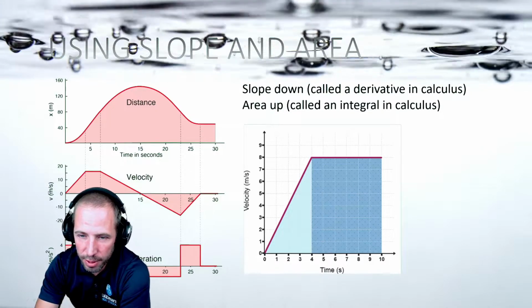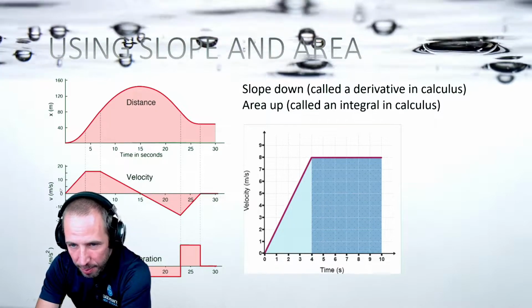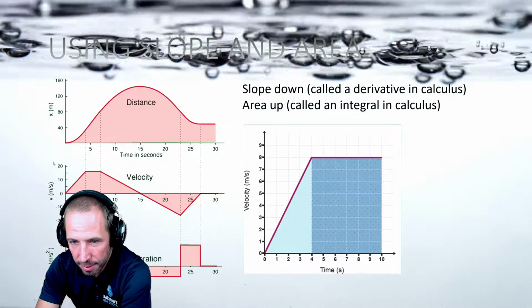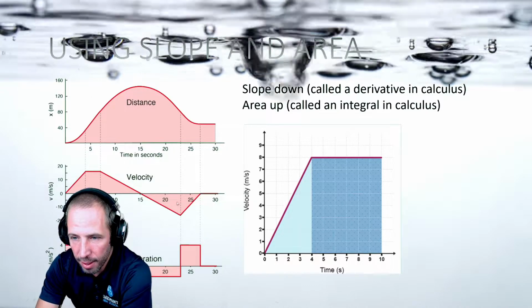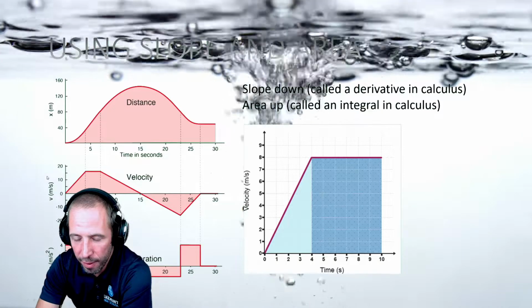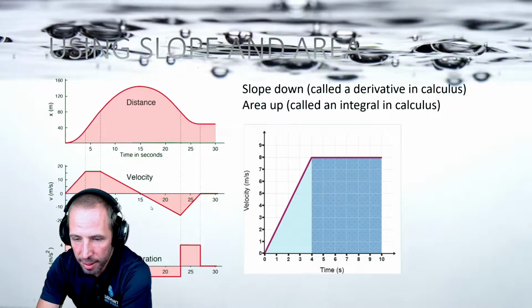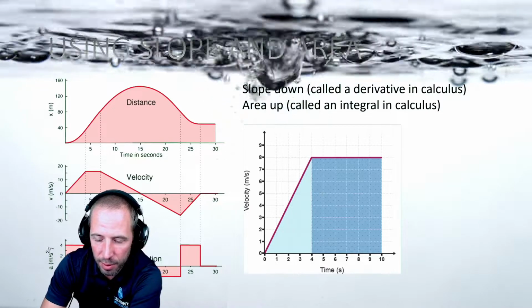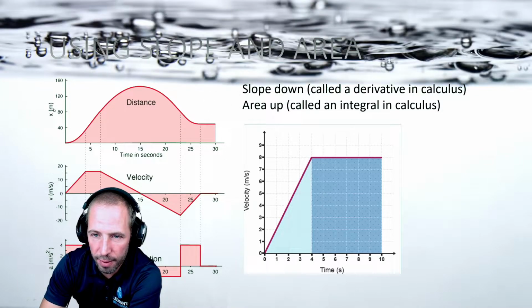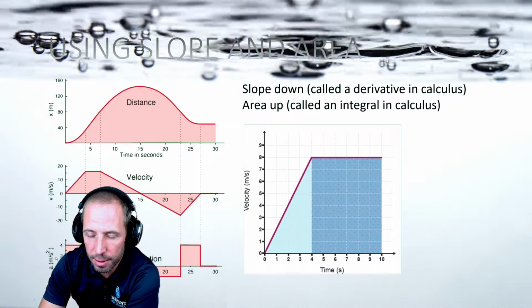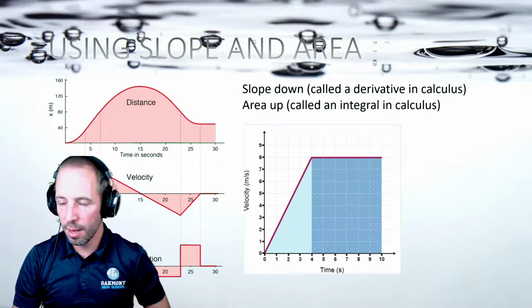See, velocity is measured in meters per second. Now what if I take meters per second, the rise, and I divide it against the run? If I make a ratio out of that, the run, well, that's time again. So meters per second divided by seconds becomes meters per second squared. And so you can also understand this in terms of dimensional analysis, checking the units on stuff. All right.